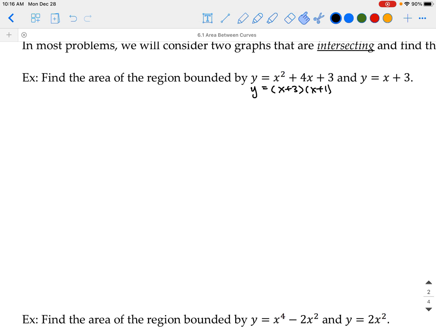So we can see here that when we graph these, try to be somewhat accurate. All right, so x plus 3, we're going to want to make this a little bit larger.